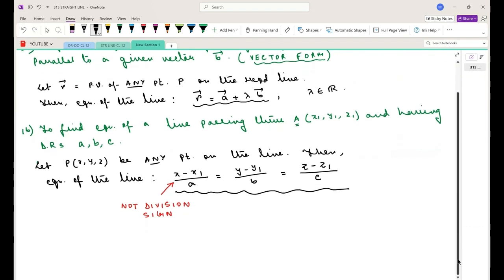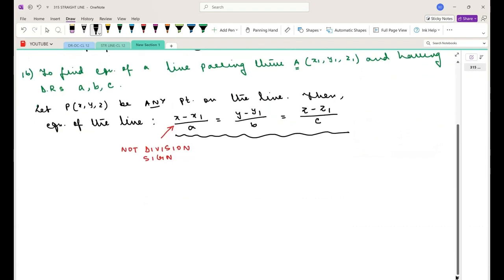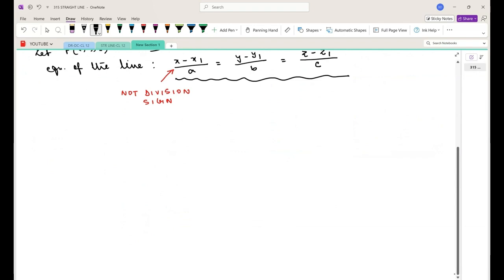Right. Next, there are only two situations for finding the equation of a straight line. So this was one situation.